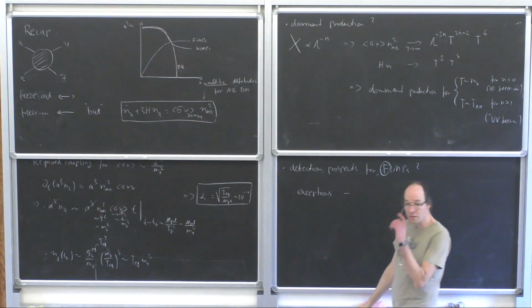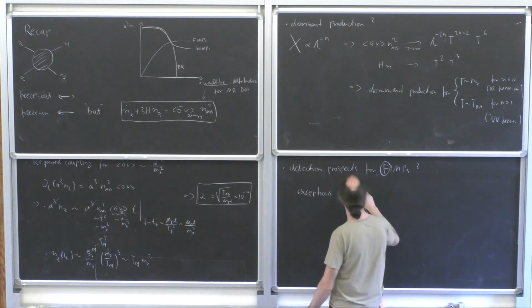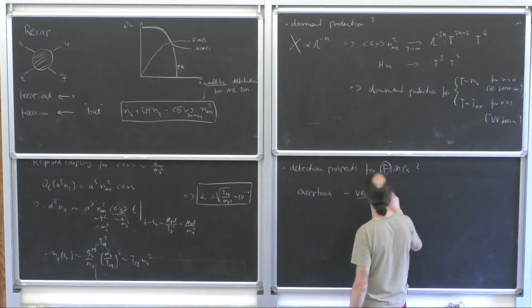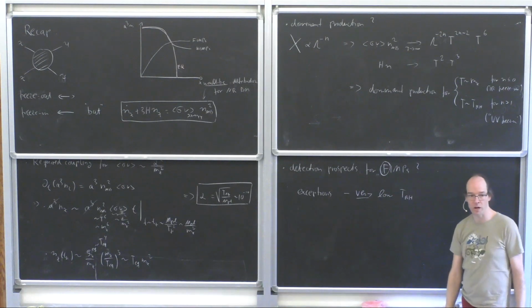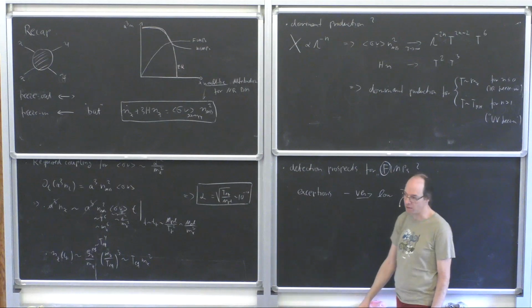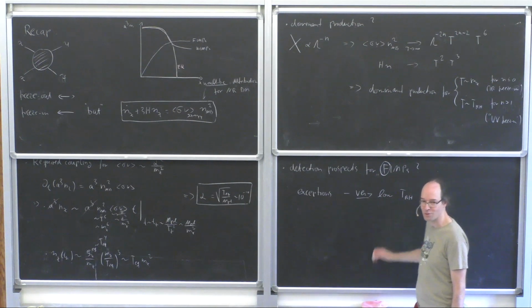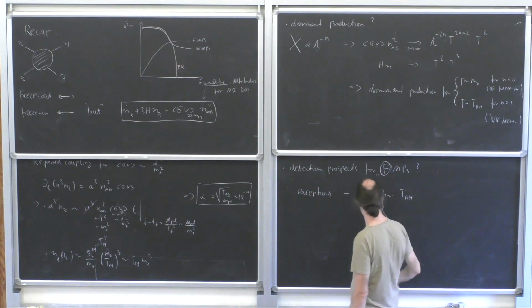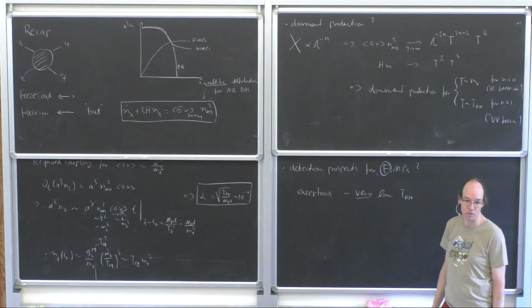One is if you have a very, very low reheating temperature. By very low, I mean something that is hardly much larger than the temperature for BBN. Formally, it's hard to motivate this from a model building perspective, but formally it's not excluded.